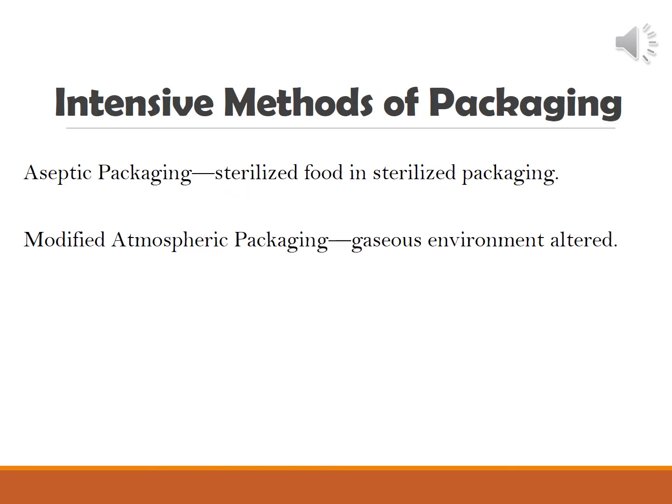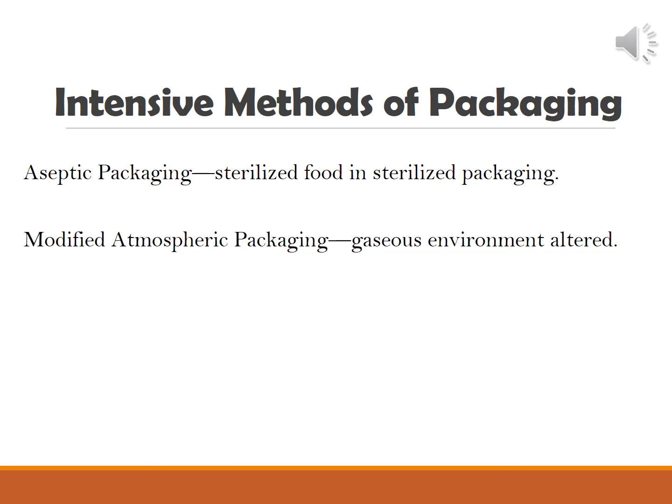Two of the more intensive methods of packaging involve aseptic packaging and modified atmospheric packaging. With aseptic packaging, we're talking about putting foods that have no bacteria in them in an environment that has no bacteria in it. To do this, we have to do two processes. We have to sterilize the food, and again, sterilization is different from pasteurization because pasteurization kills some bacteria, sterilization kills all of the bacteria.